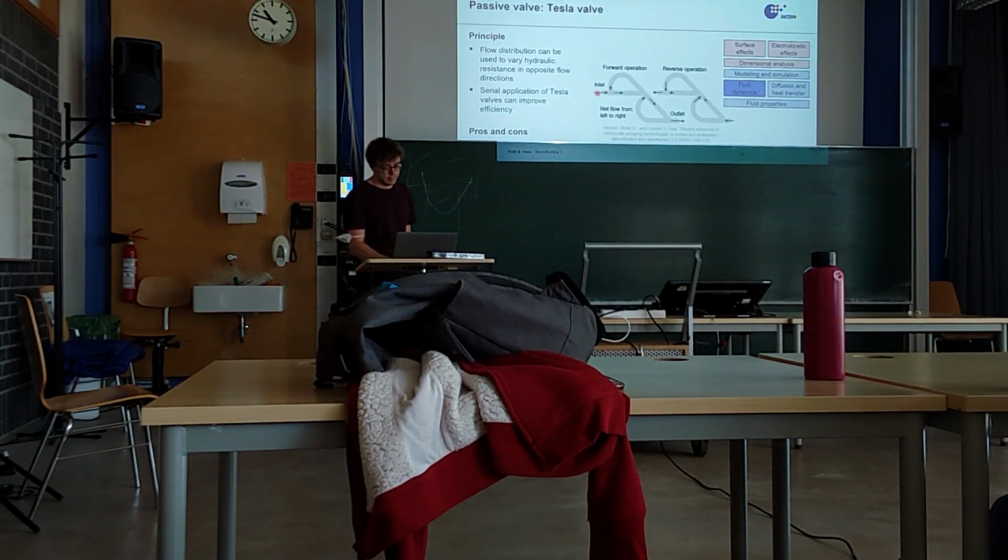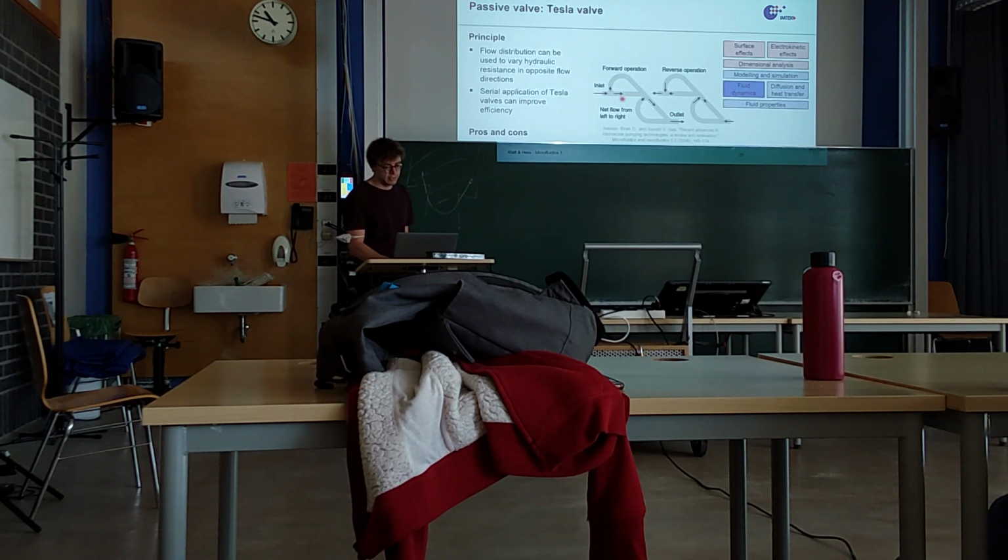If you pump gas or liquid into your Tesla valve from the left-hand side, the gas or liquid doesn't really like to move in perpendicular direction via this channel. If you look at it from the other side, it's way easier and way more evident for the liquid to move in both channels. And this basically leads to counter pressure at this position here.